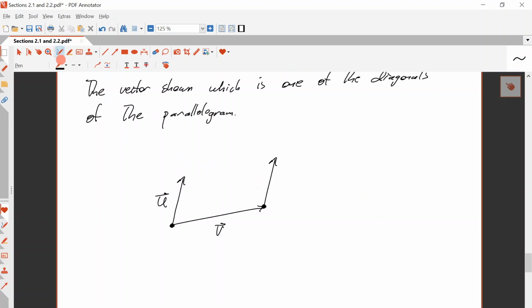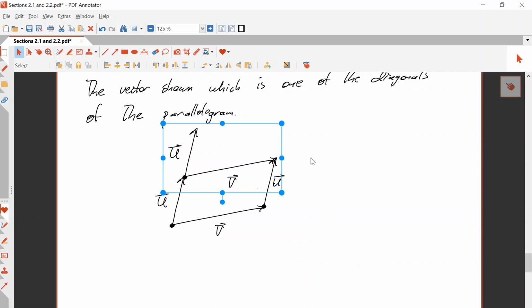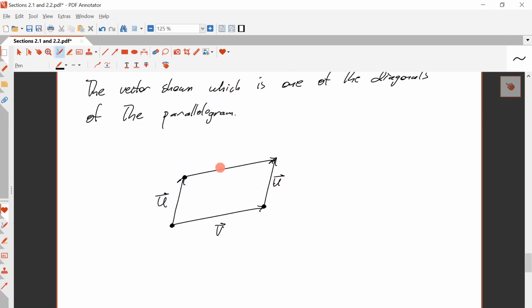This is also vector u over here. It's the same line segment, it's just between two different points. And also I have another copy of v right over here, parallel to the other copy of v. So here I have the vectors u and v drawn tail to tail. Here I have v and u drawn head to tail. And here I have u and v drawn head to tail. And then the sum u plus v is just this vector here.